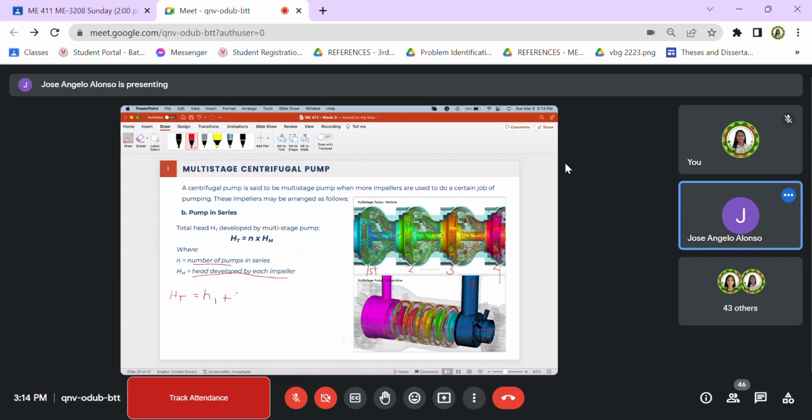So we can say that pump is connected in series kapag yung discharge ng first pump will be the suction of the second pump, discharge ng second pump will be the suction of the third pump, and so on and so forth.